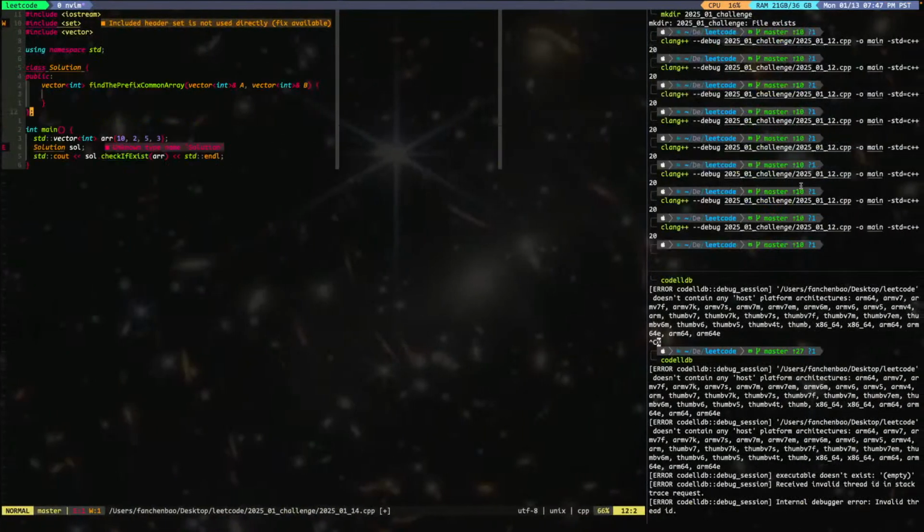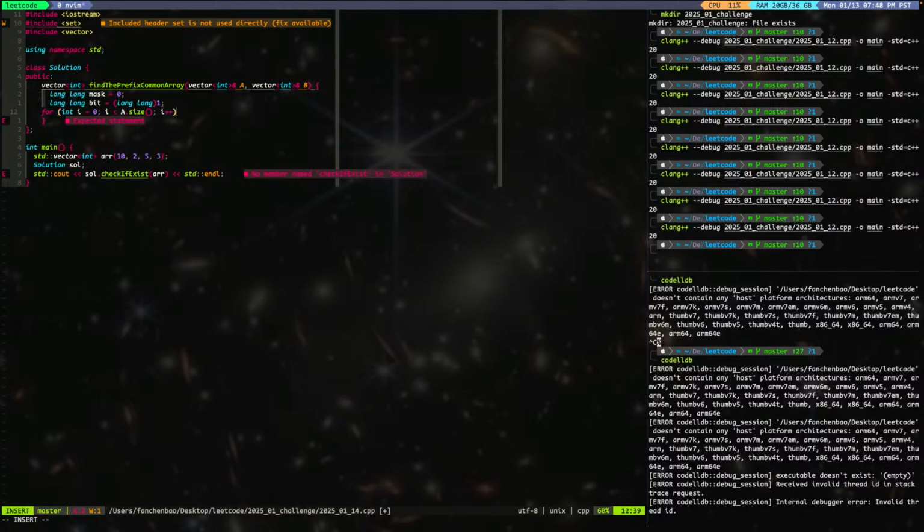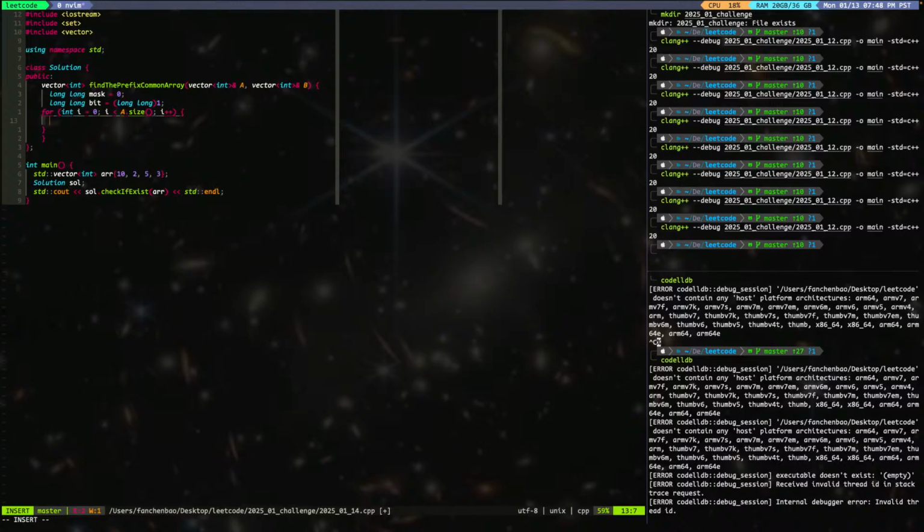Okay. Long mask, long 1 bit. We basically say, oh, we need 2 masks, mask A and mask B. Okay, and then we say mask A or equal to 1 left shift A[i], mask B or equal to 1 left shift B[i].